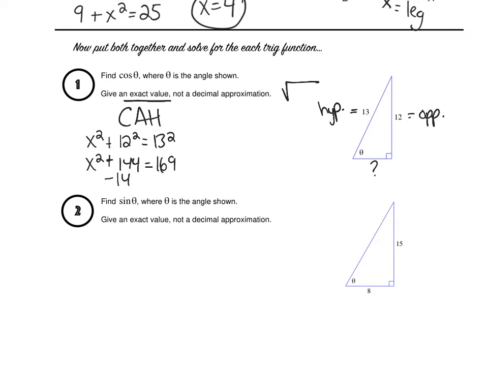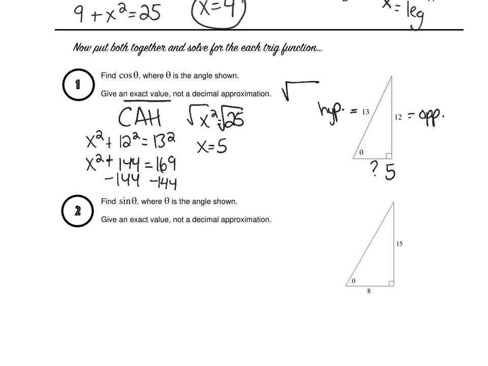And then we need to subtract the 144 from both sides. And x squared is equal to 25. Square root both sides, and x is 5. So now we know that the adjacent side is 5.